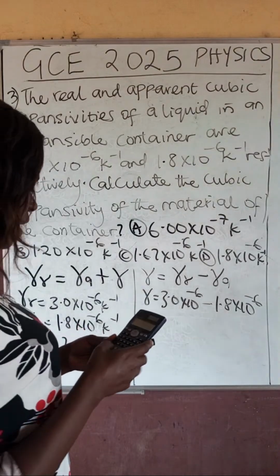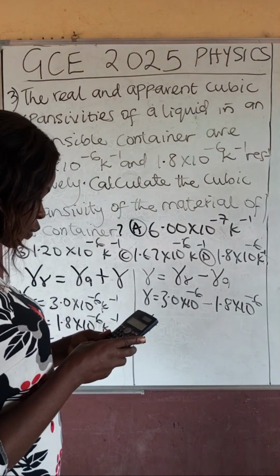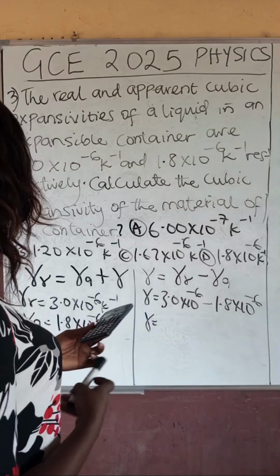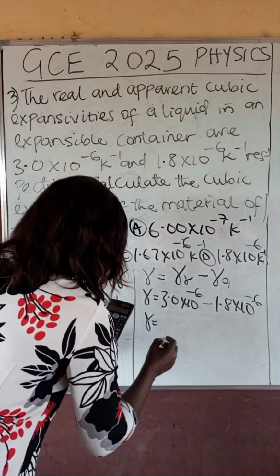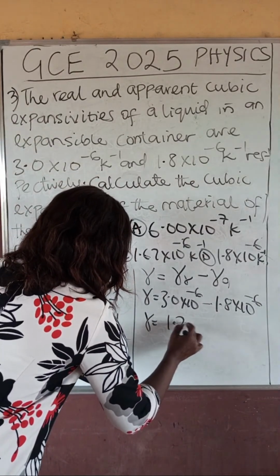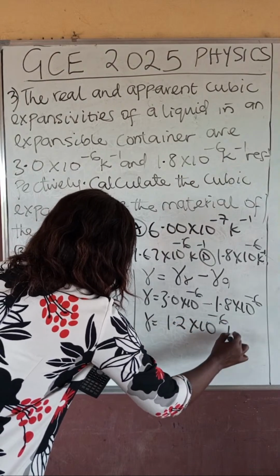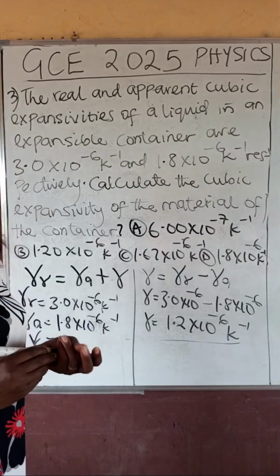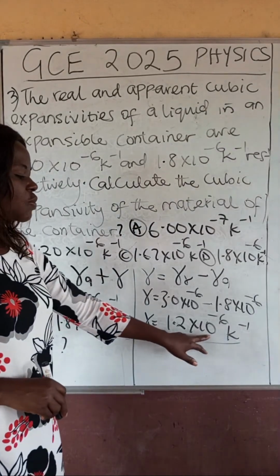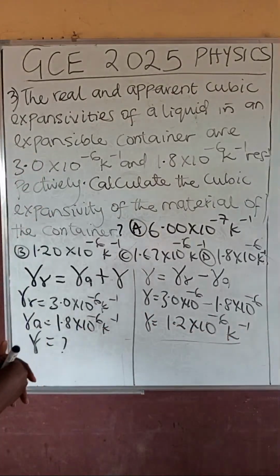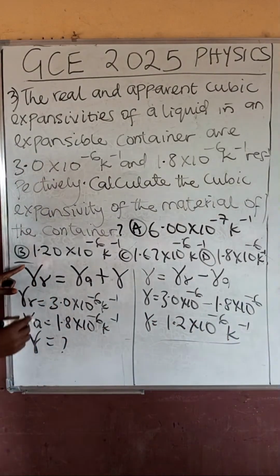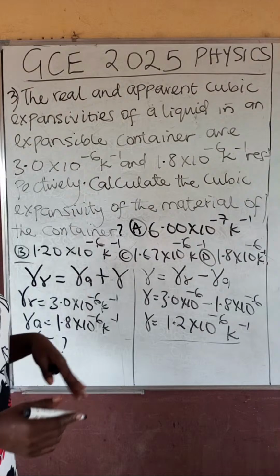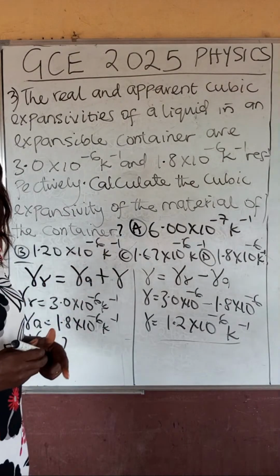So my answer becomes 1.2 times 10 raised to power minus 6 per Kelvin. So the expansivity of the container equals 1.2 times 10 raised to power minus 6 per Kelvin. So the answer to this question is option B, which is 1.20, which is the same thing as 1.2 because 0 means nothing, times 10 raised to power minus 6 per Kelvin. Is that clear?